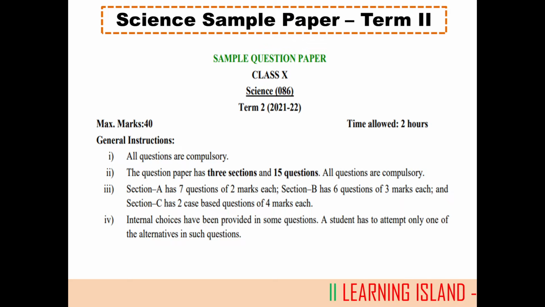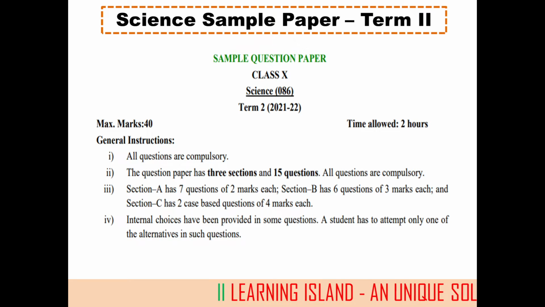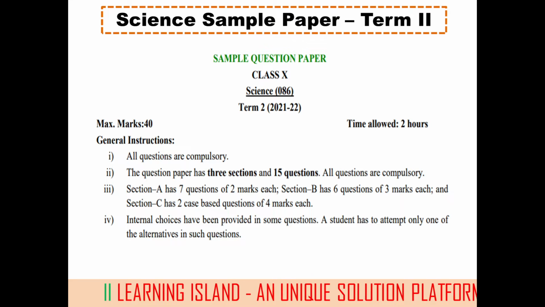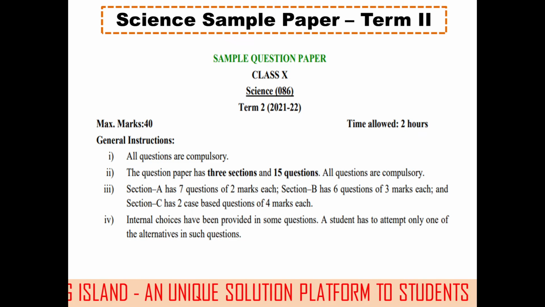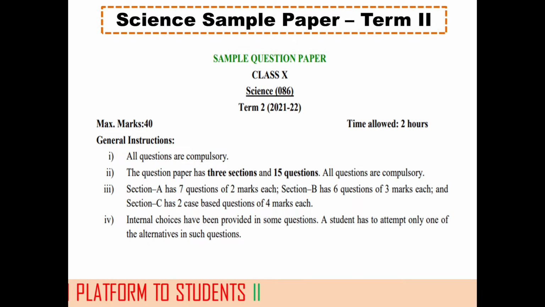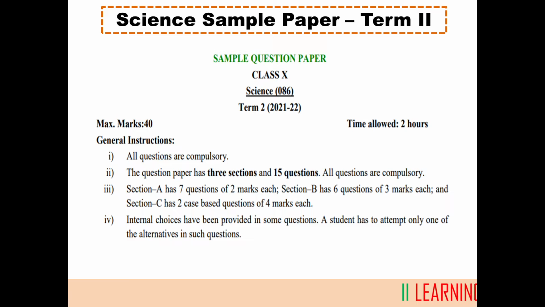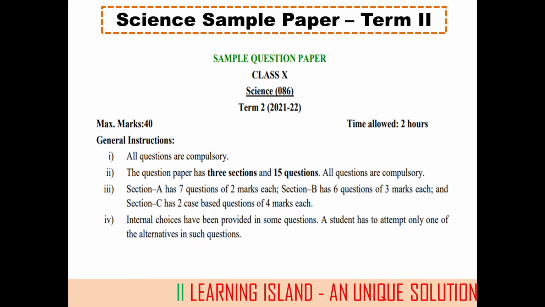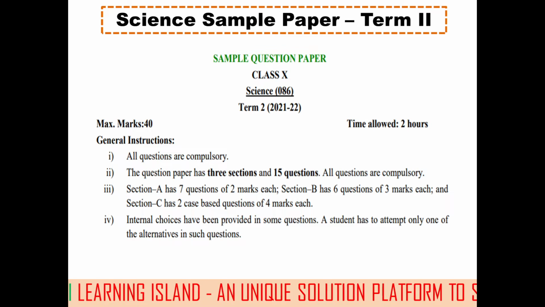There will be section A, section B and section C. In section A, there will be 7 questions of 2 marks each, in section B, there will be 6 questions having 3 marks each, and in section C, there will be 2 case-based questions of 4 marks each. So total 40: 14 plus 18 plus 8.